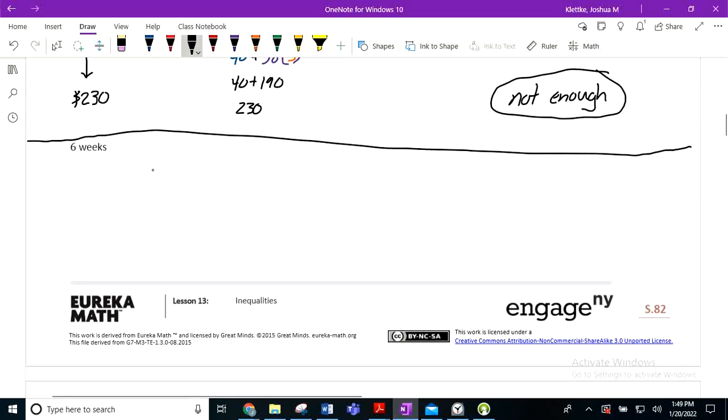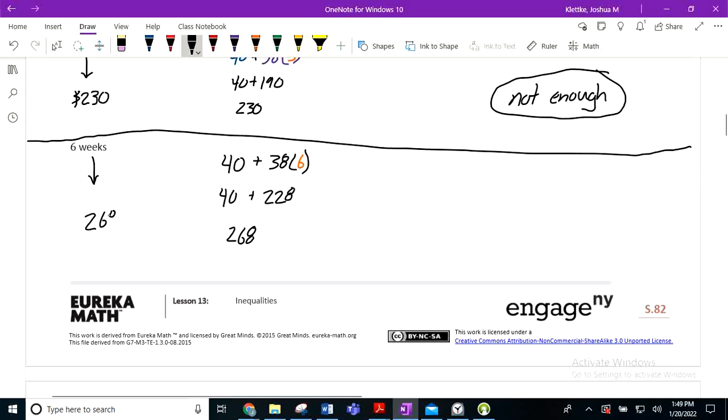What about 6 weeks? Now after 6 weeks, he will have $268.